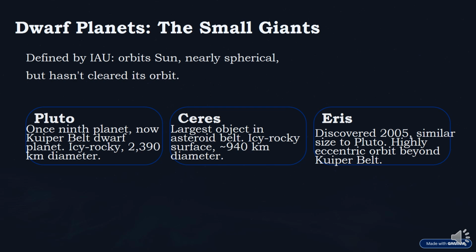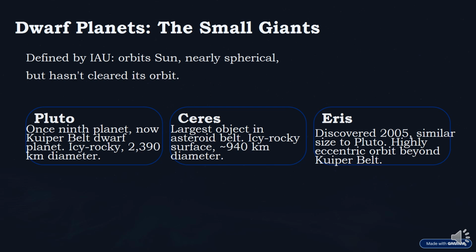We can take examples: Pluto, Ceres, Eris, Haumea, and Makemake. As I told previously, a dwarf planet is defined by the IAU, the International Astronomical Union: it orbits the Sun, is nearly spherical, but hasn't cleared its orbit.